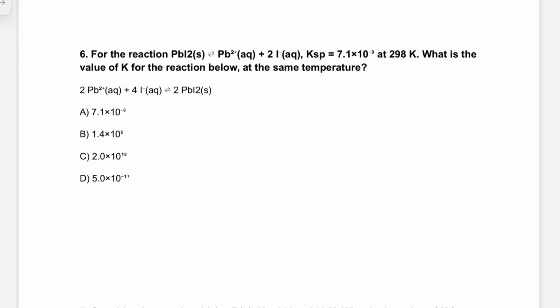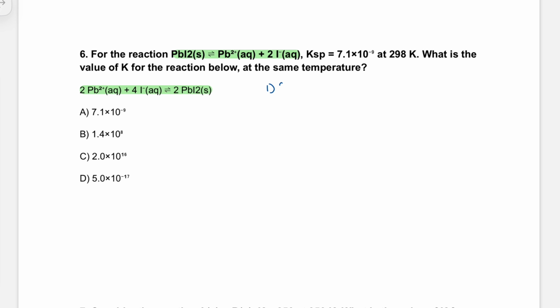Next, question 6. What is the value of K for the reaction below at the same temperature? So we have our original reaction, and it's been changed up a little bit to form this. So I'm noticing two things that are happening.